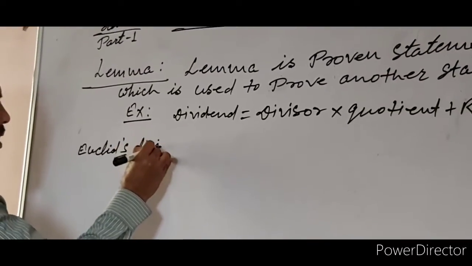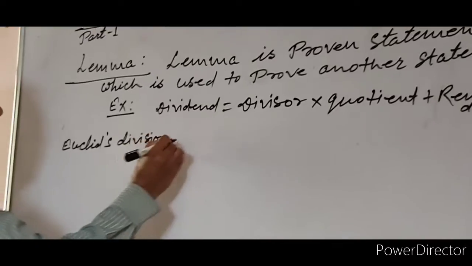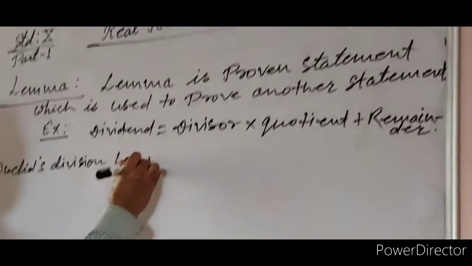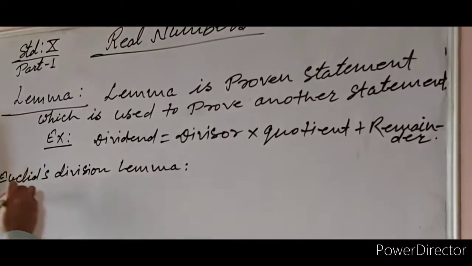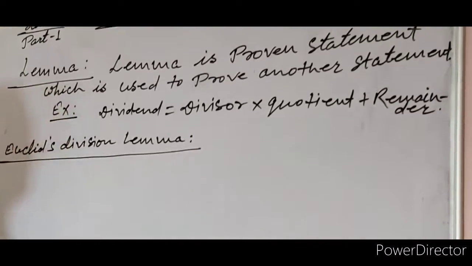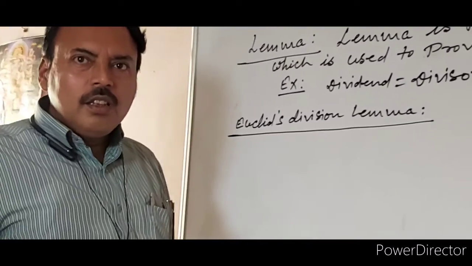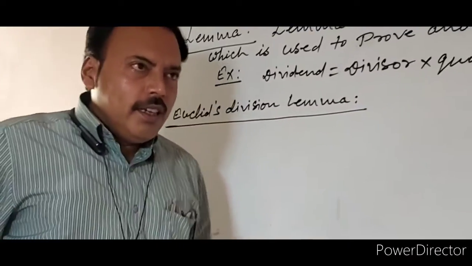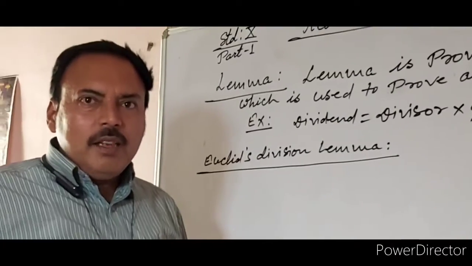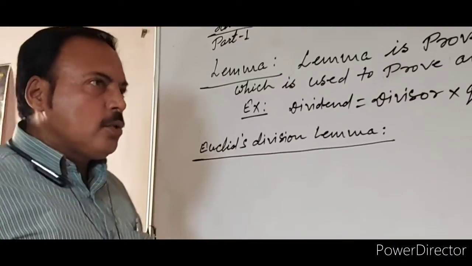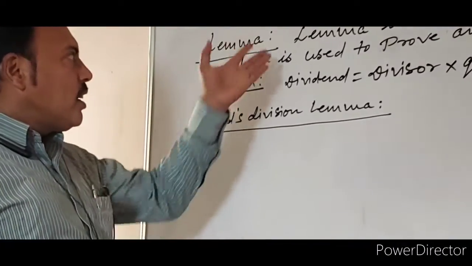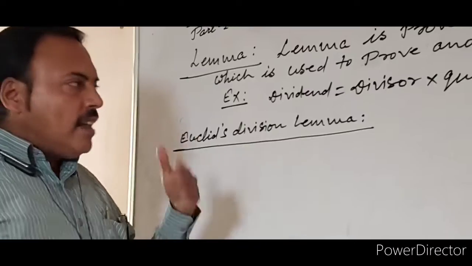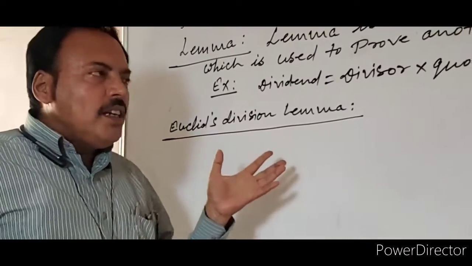Euclid's division lemma. All of you are familiar with Euclid, who was a Greek mathematician and wrote certain books named Elements, which has so many volumes, and this word lemma and algorithm has been derived by Euclid.